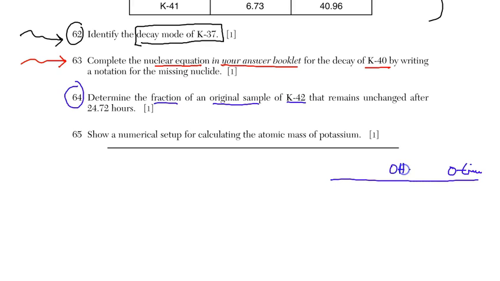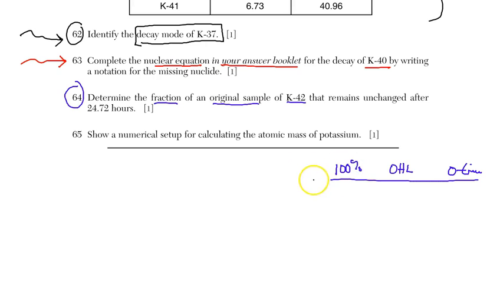0 half-lives, and half-lives are the amount of time it takes for half of the sample to decay into something else. In number 63, K40 became calcium. So the time it takes for half of the original sample to become calcium. Now, this of course will be 100% of the sample.